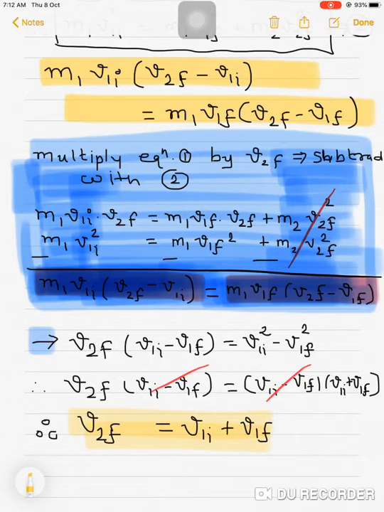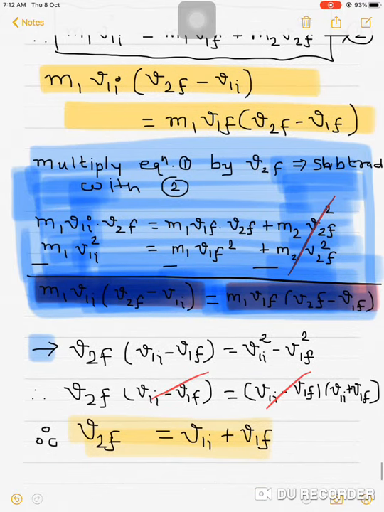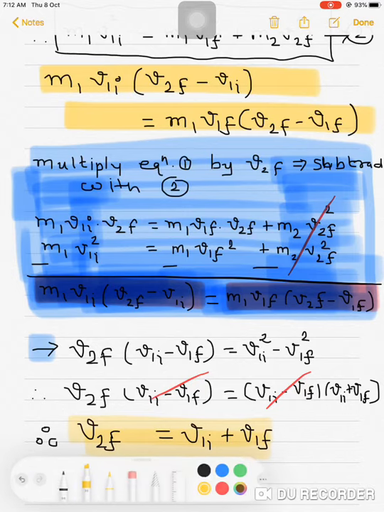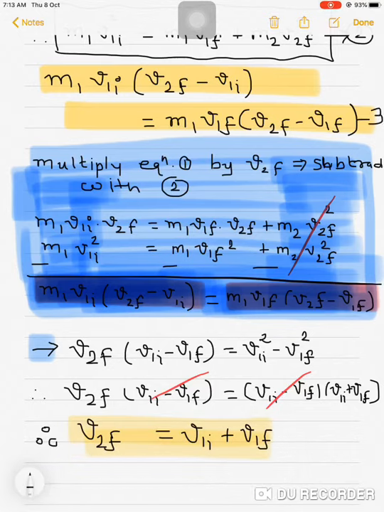Now I would like to put the above equation as equation 3, and this as equation 4.